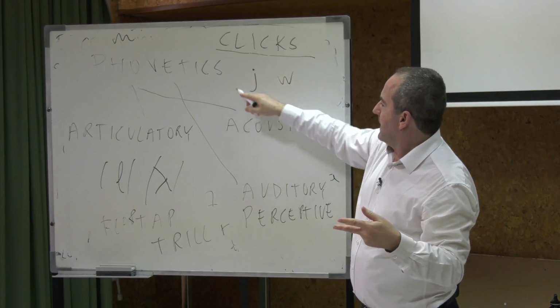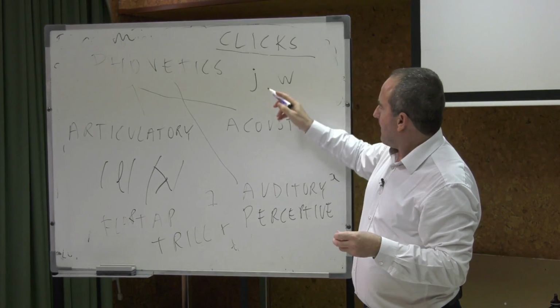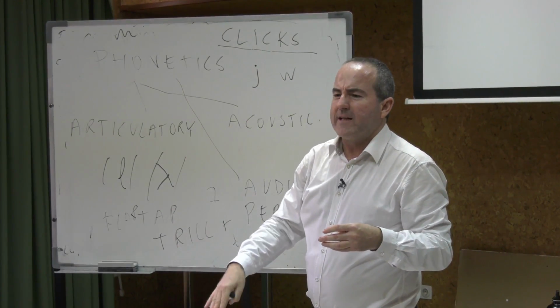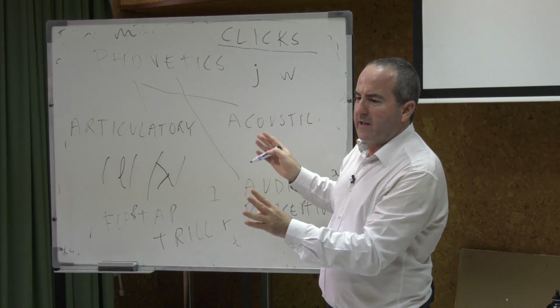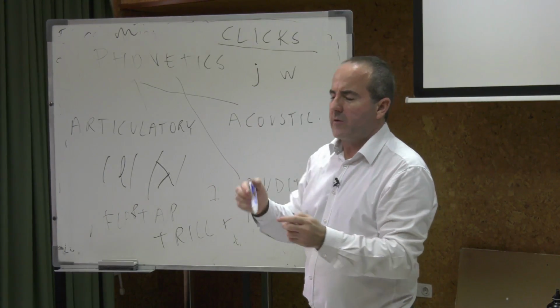This sound is a kind of approximant. And basically these are all the types of consonants that we find in the languages of the world, according to the manner of articulation.